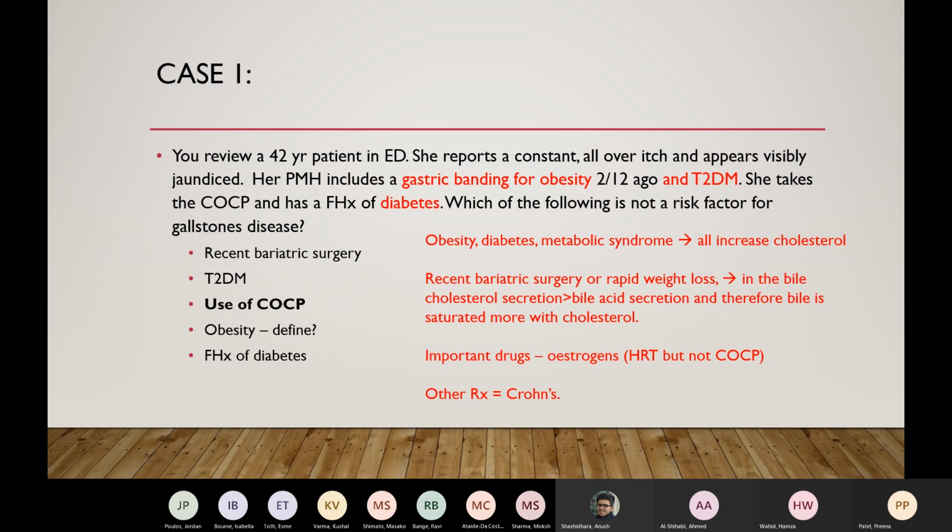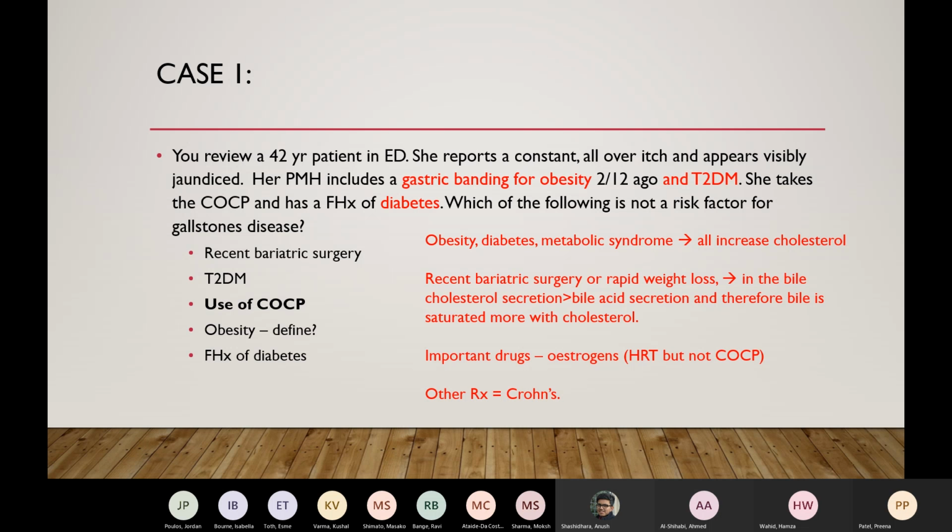She's itchy and she's visibly jaundiced. When you get jaundiced, itchiness is a common presenting complaint. That's all I wanted to highlight with that. And she had gastric banding for obesity, type 2 diabetes, and a family history of diabetes. All of those are risk factors for gallstones. And the way you can remember it is literally how they relate to the pathophysiology.